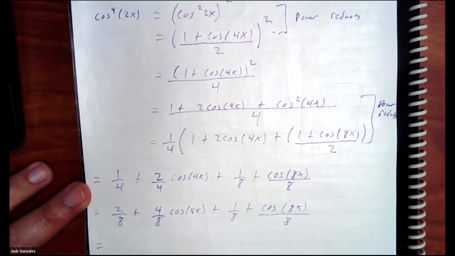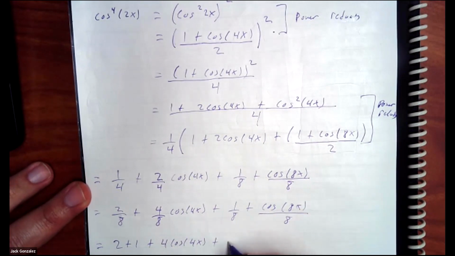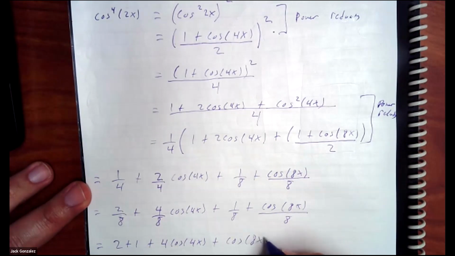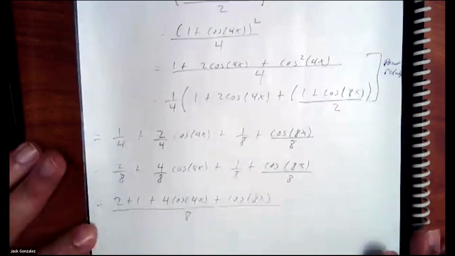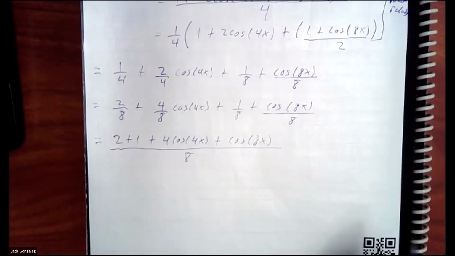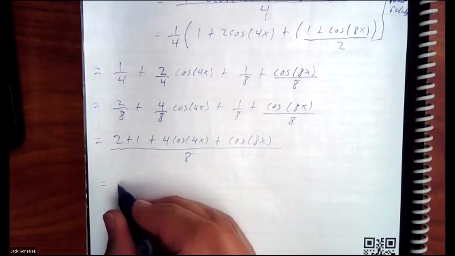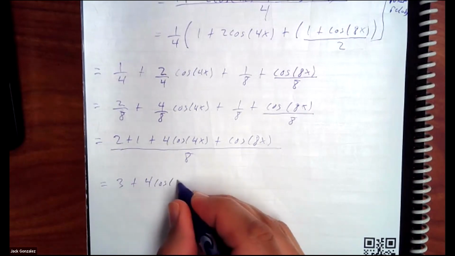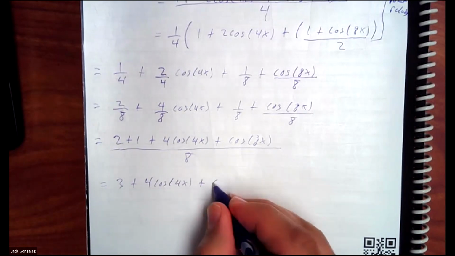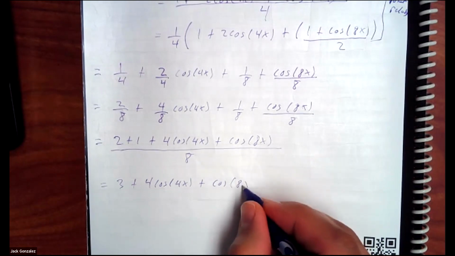So combine everything, that'll be 2 plus 1 plus 4 cosine 4x plus cosine 8x all over 8. So finally that becomes 3 plus 4 cosine 4x plus cosine 8x all over 8.